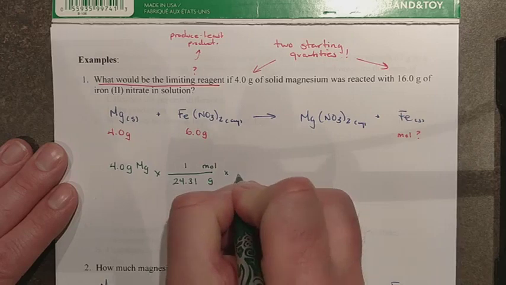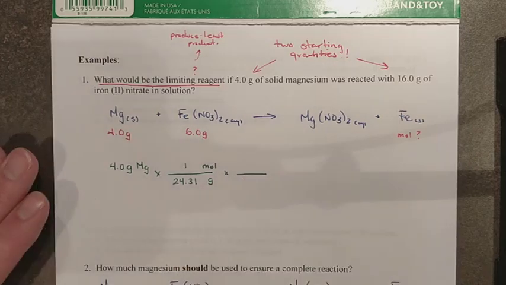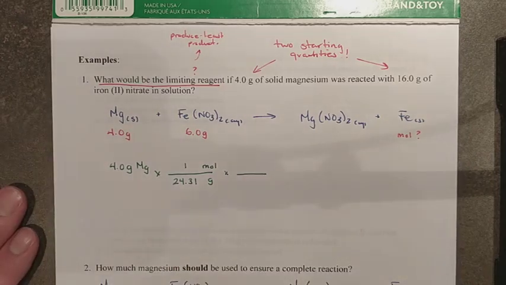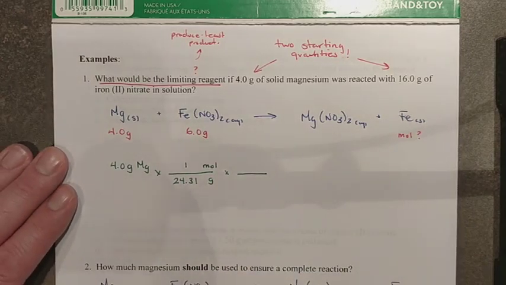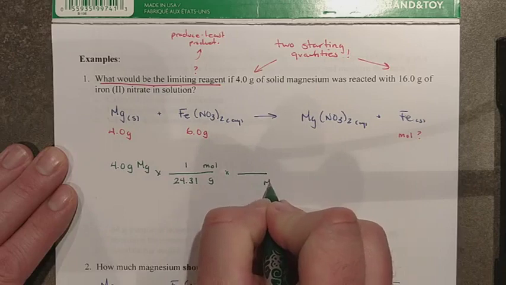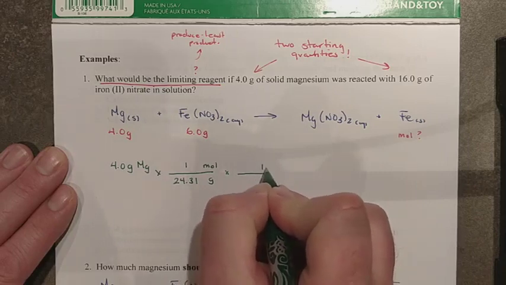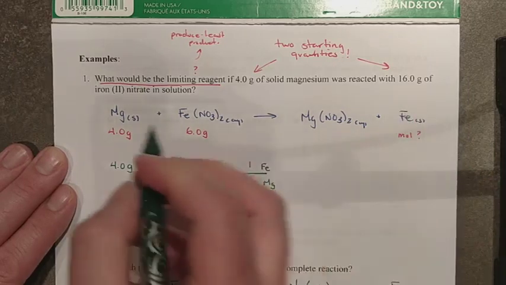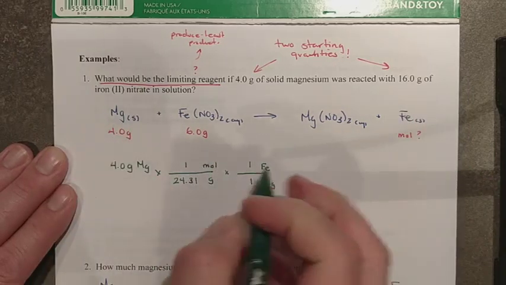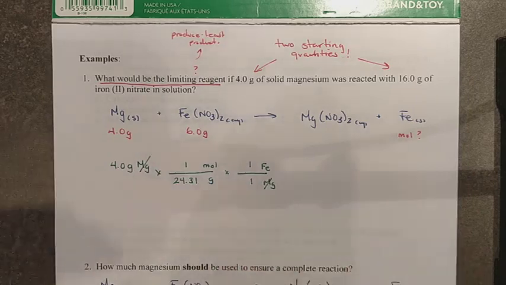Now the balancing in this one was nice and easy. Because we're dealing with limiting reagent, I didn't want to give you the extra problems, so this was a 1-to-1 to 1-to-1 balancing, which is nice and straightforward. So magnesium on the bottom and iron up top, and you can see 1 part iron for every 1 part magnesium, and magnesium is now eliminated from my factor label method.